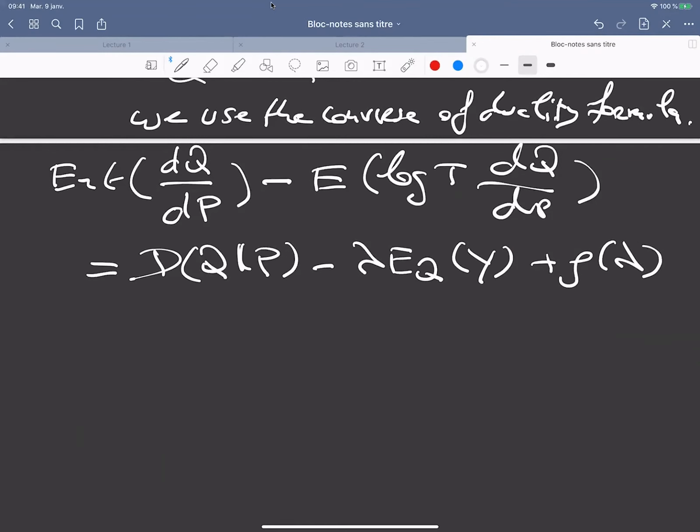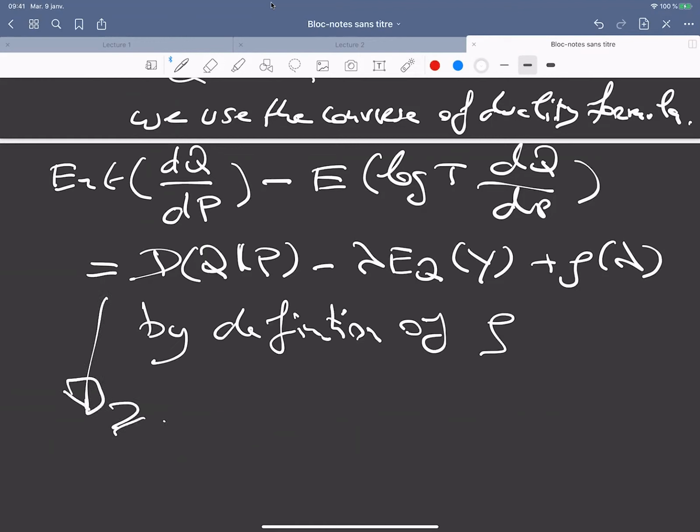And now by definition of rho, which is the sup of minus this quantity here, this guy is non-negative. Just by definition of rho of lambda.